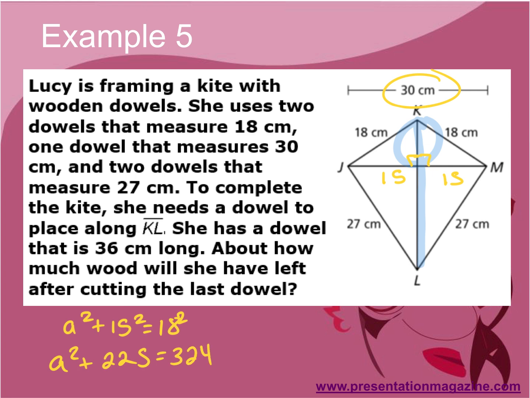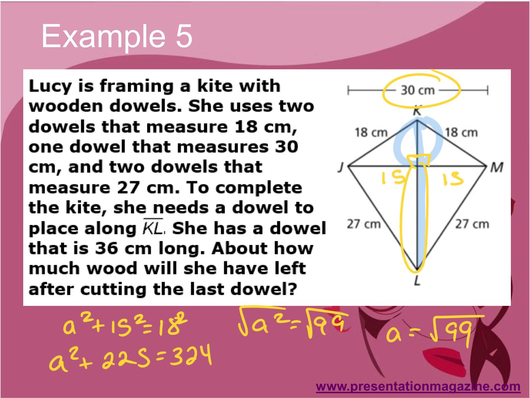I'm going to subtract that number over, and I get a squared is equal to 99, and then I'm going to take the square root, and I get a to be the square root of 99. I'm not going to simplify it right now, because that just seems like a lot. But you do need to keep going. You also need to find the distance for this, and you do it the same way.